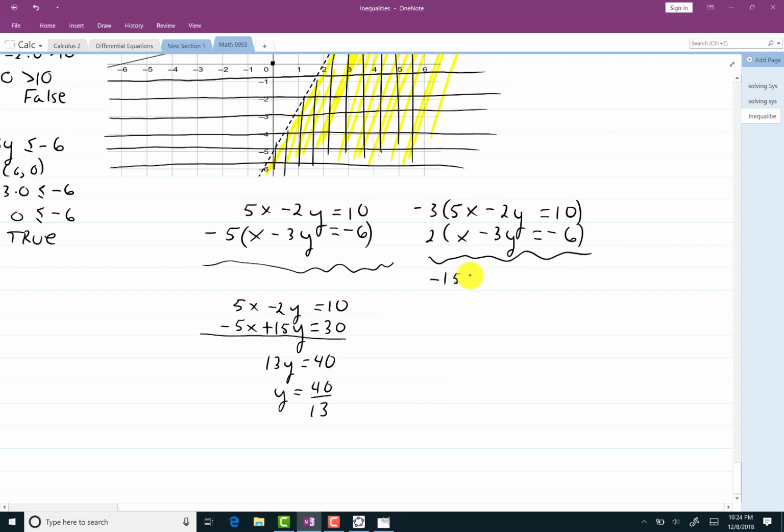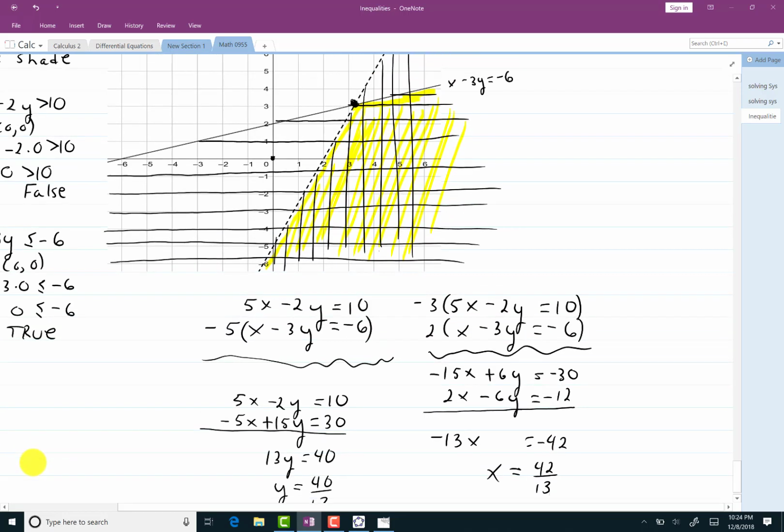I get negative 15x plus 6y equals negative 30. And then we have 2x minus 6y equals negative 12. Let me add these together and I'll get negative 13x equals negative 42, or x equals 42 over 13. Once again, that's a little bit bigger than 3, a little bit more bigger than 3 than the other one was. And if you look at the x here, there's x equal to 3. So this point does make sense.